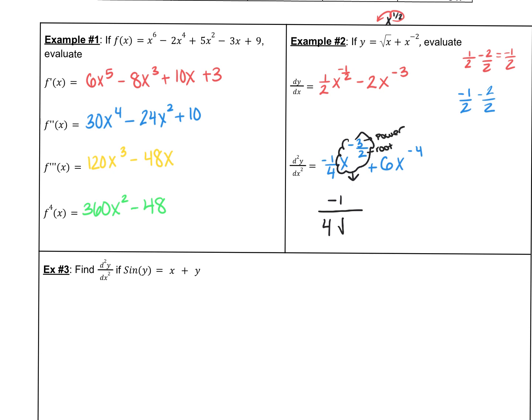So I could say the square root of now x to the positive 3. Same thing with the second term here. I can take this guy, shoot it downstairs. So 6 over x to the 4th. So either way, you could leave it like this. If it's a free response, you can leave it like this. But just know if it's multiple choice, you'll likely see it in that form.